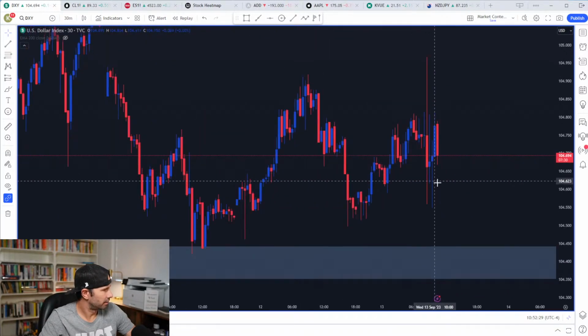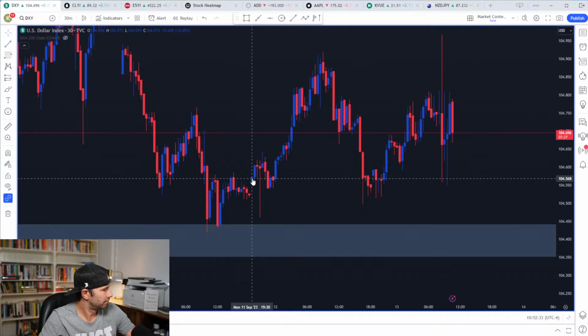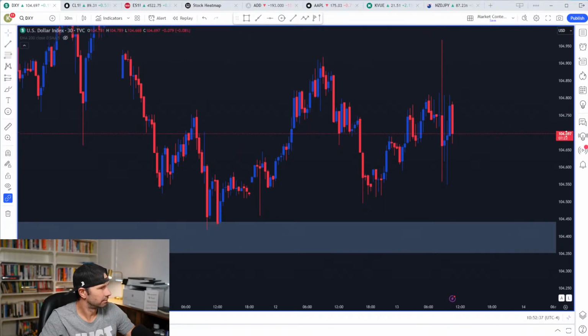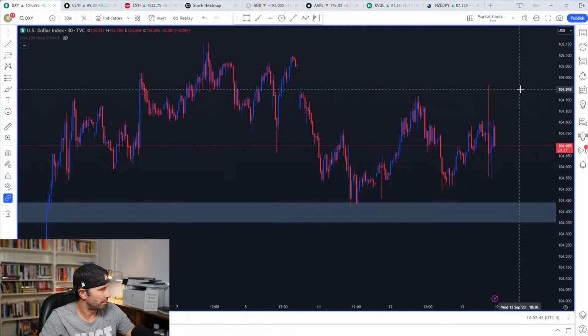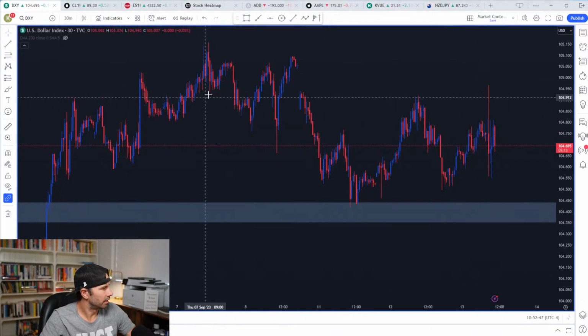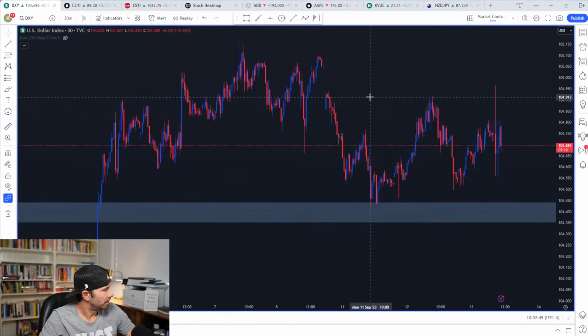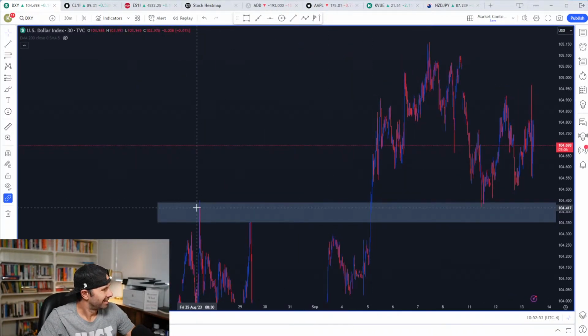Ultimately, it looks like the dollar wants to break down. So this is the range for the week. This is the low part of the range, and this is the high part of the range. Let's see where the dollar wants to go. Honestly, this pivot is already tested.